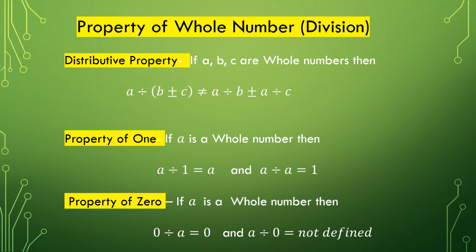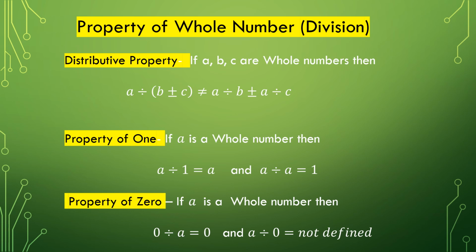That is A divided by A is 1. For example, 2 divided by 1 equals 2, the same whole number. But 2 divided by 2 is 1. When a whole number is divided by itself, we get the result 1.